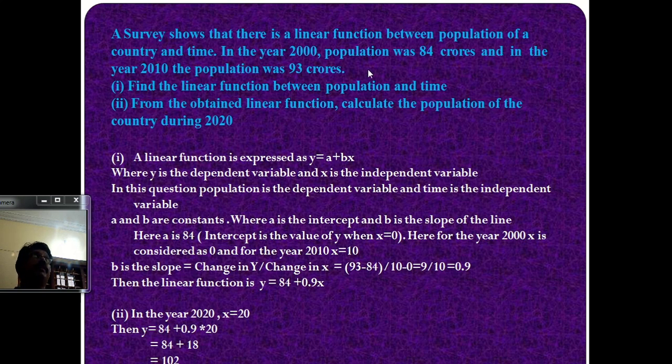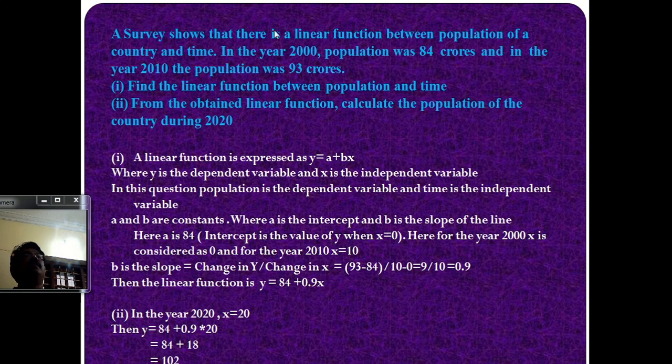So the question is very clear, and first of all, it is said that there is a linear relationship between population and time. Then you have given two periods, two years, 2000 and 2010, and the values of population are also given. So the question is, find the linear function between population and time.